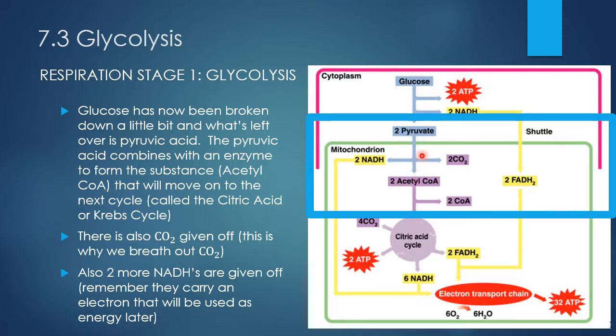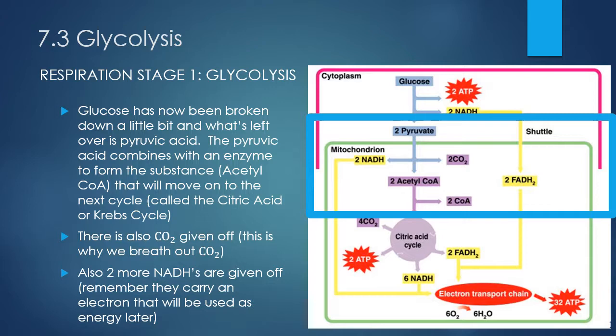Also given off during this phase that we're in right here is some carbon dioxide and some more NADH or energy carriers. Now, if you notice here that carbon dioxide is given off, that comes out when you breathe. So when you breathe out, that carbon dioxide that's produced in this process comes out in your breath.